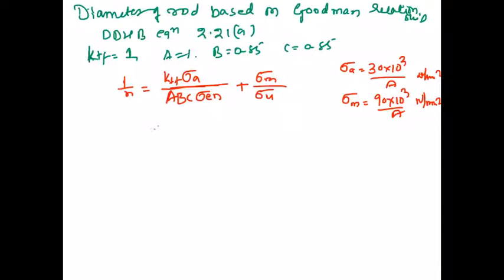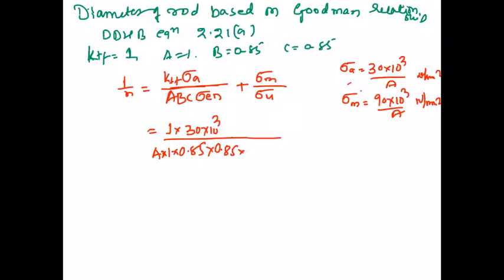So now let us substitute. KTF is 1, sigma A is 30 into 10 to the power of 3 divided by A, A is 1, B is 0.85, C is 0.85, and sigma En you just check from the data and book. Now we are going to get a term here because of the alternating stress.